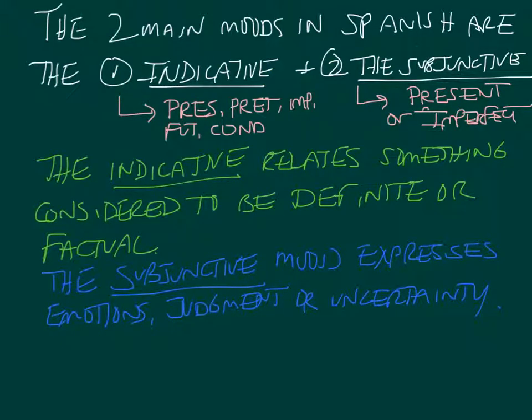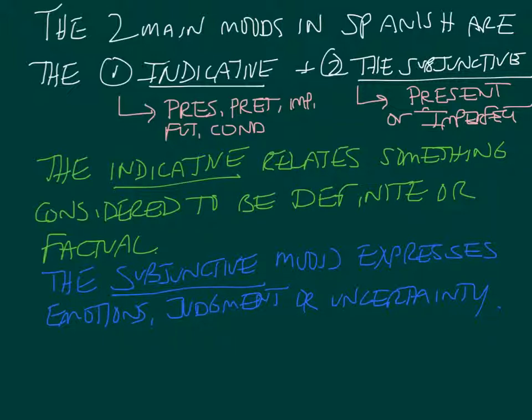So, to broaden your understanding in a general sense, there are two main moods in Spanish, two main types of verbs. We have the indicative, which is the tenses you already know. The indicative would be the present tense, the preterite, the imperfect, the future, and the conditional. And then we have a mood called the subjunctive, and that would be the present subjunctive or the imperfect subjunctive, which you've learned how to conjugate in the previous two videos.